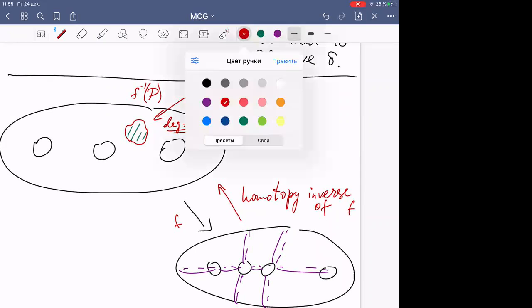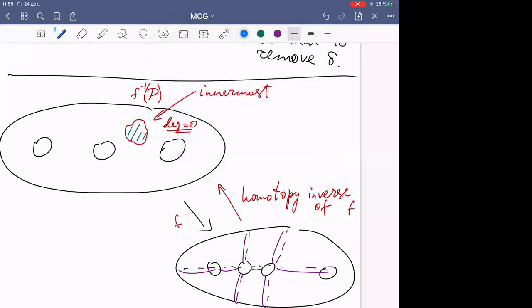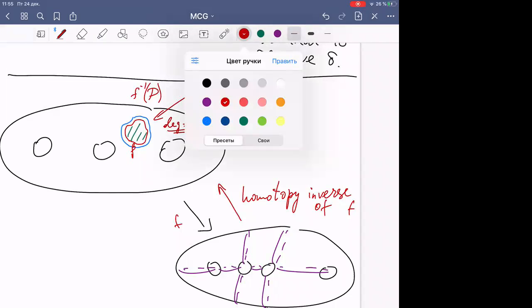Look, consider, so this dashed region is homeomorphic to a disk. Let us consider a curve very close to this component. Let this component be beta, and we consider this blue curve, which is very close to it.